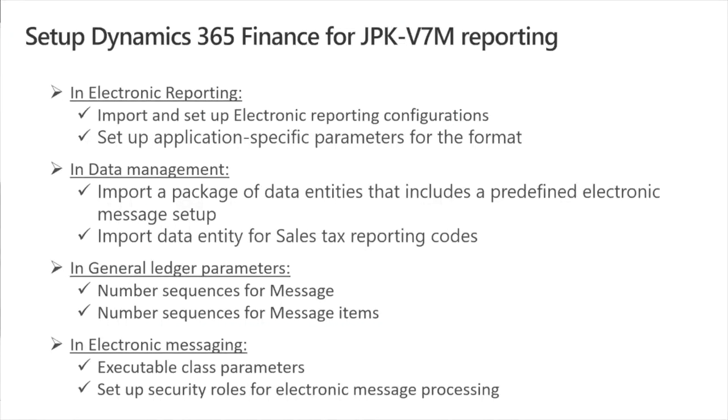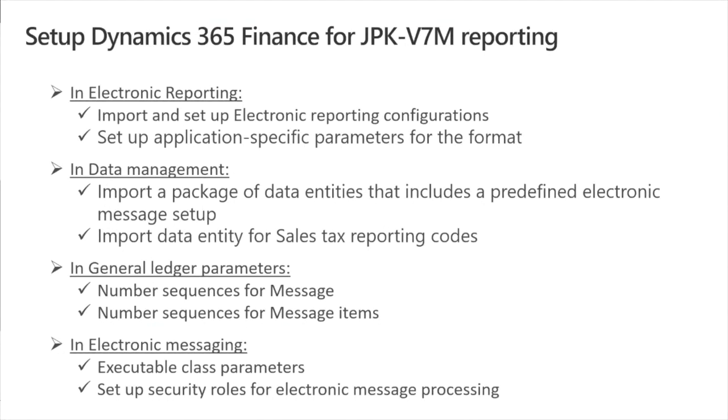First of all, we should start with importing the new electronic reporting format and setting up application-specific parameters for this format. When setup on the electronic reporting side is completed, we will proceed with electronic messaging functionality setup, which, as Adam has shown, is used as a workflow for the reporting process for this feature.